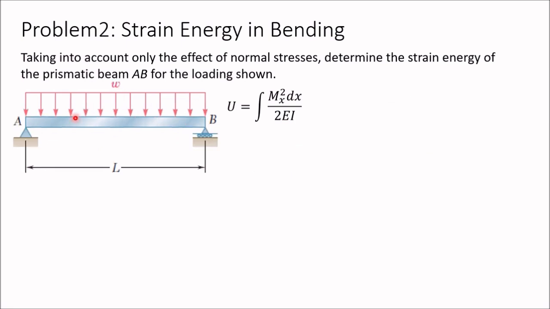Another example I have taken is a simply supported beam, again subjected to uniformly distributed load of W per unit length. The length of the beam is capital L. Again same formula, Mx² dx upon 2EI.